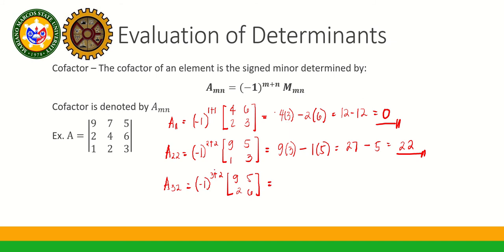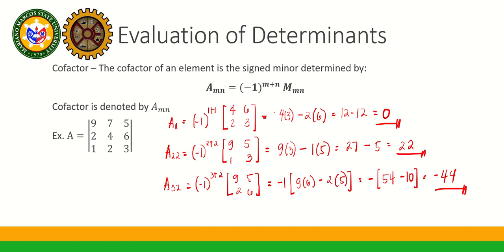Computing this, negative 1 raised to 5 is equal to negative 1, multiplied by 9 times 6 minus 2 times 5. So this will be negative, 9 times 6 is 54 minus 10. So negative 54 minus 10, that is negative 44. So that is the cofactor of element A32. So that is how to get a cofactor.